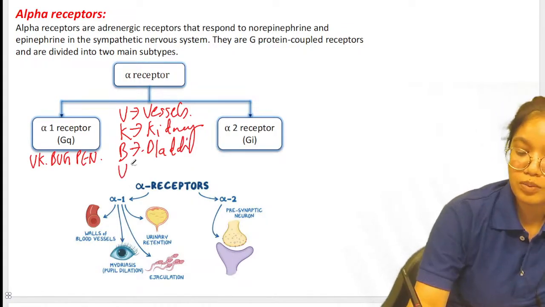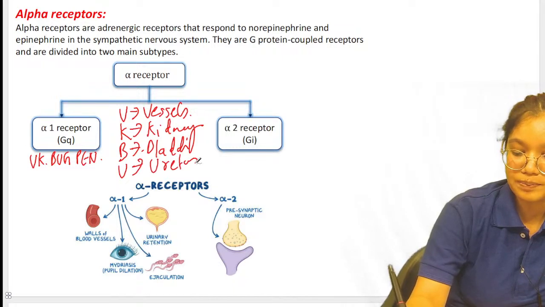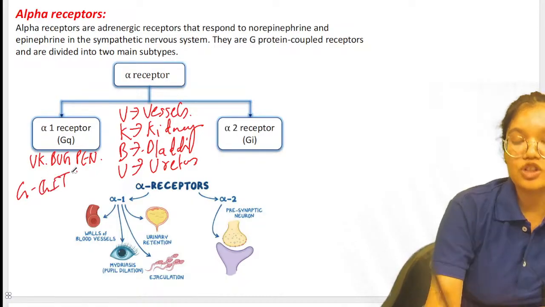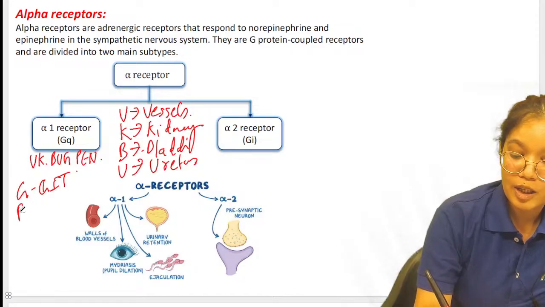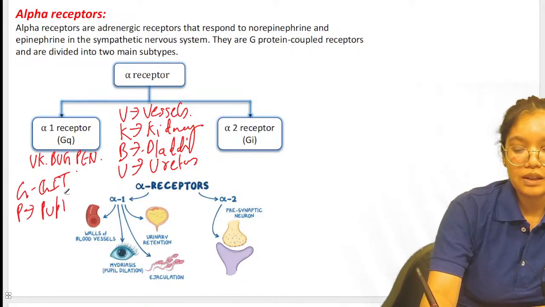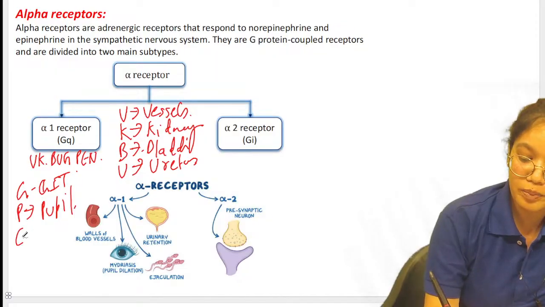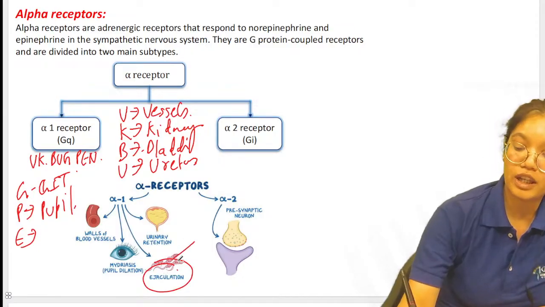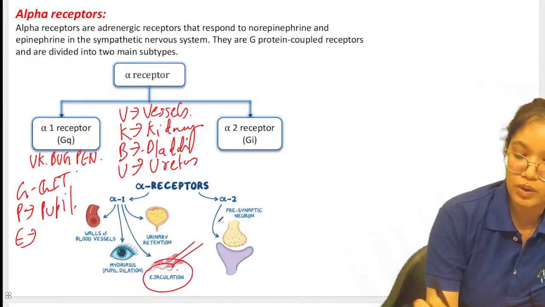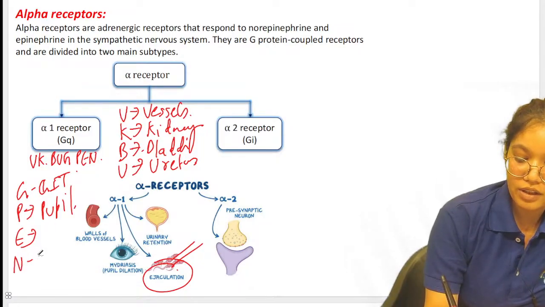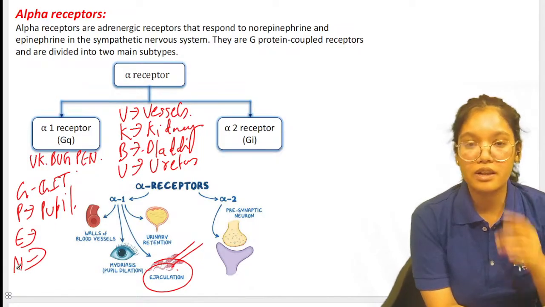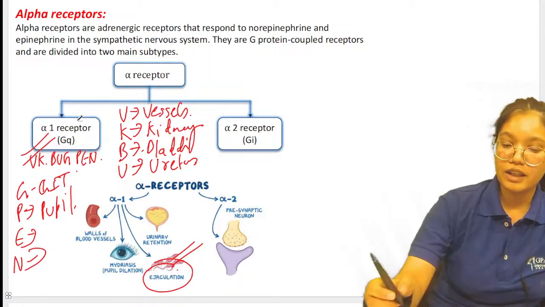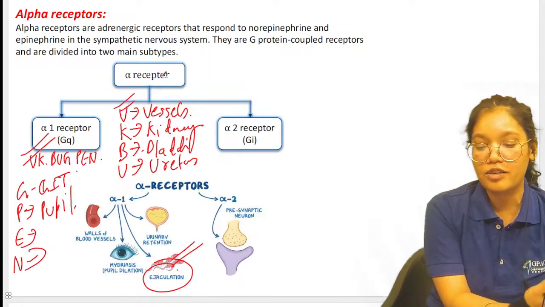From U, the ureter wall. From G, it is also present in the GIT. Then P, the pupil in the eye. From E, ejaculation. Then from N, the nasal vessels, the vessels in our nose. You are getting the location of the alpha 1 receptor, right?